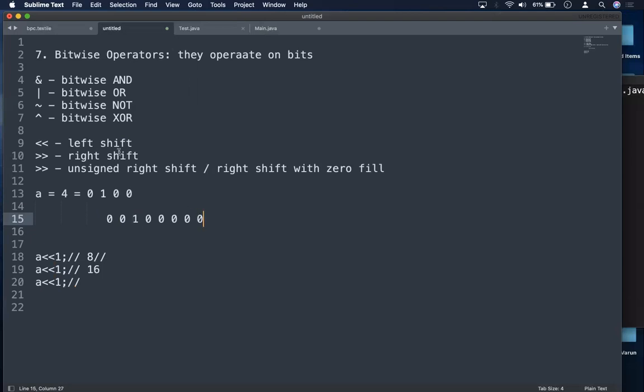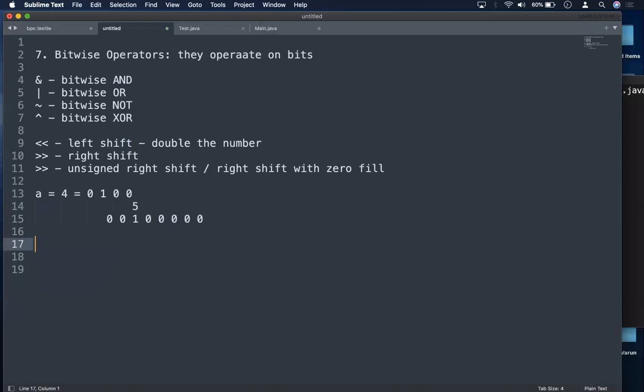So the left shift doubles the number: 4 becomes 8, 8 becomes 16, like that. Now it is 32, because 0 1 2 3 4 5, so 2 power 5 is set, and that is 32. That's how the left shift works.